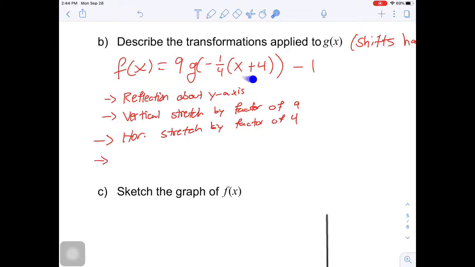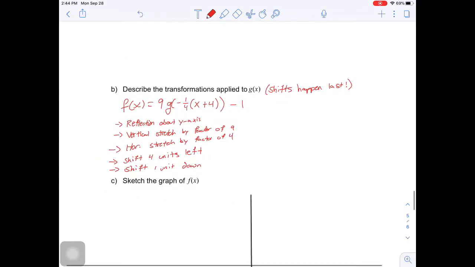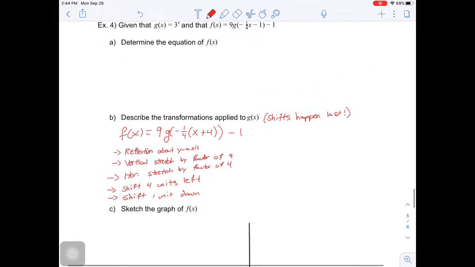Now we can focus on our shifts. So this is a shift 4 units left because x plus 4. Shift 4 units left. And then a shift 1 unit down. So now we have successfully written out all of our described transformations. Now, again, is this an equation? Absolutely not.